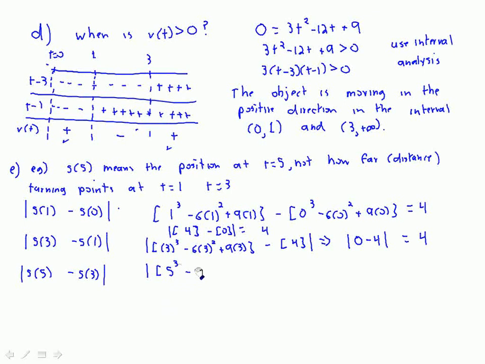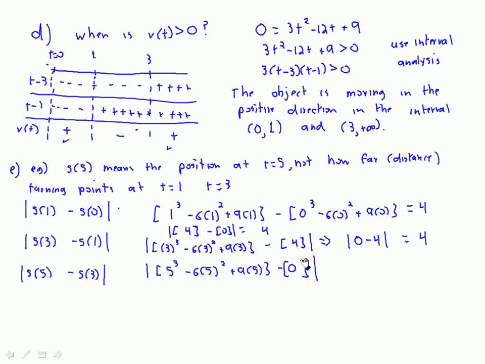So 5 cubed minus 6 times 5 squared plus 9 times 5 minus, well, we already know that s at 3 is equal to 0.